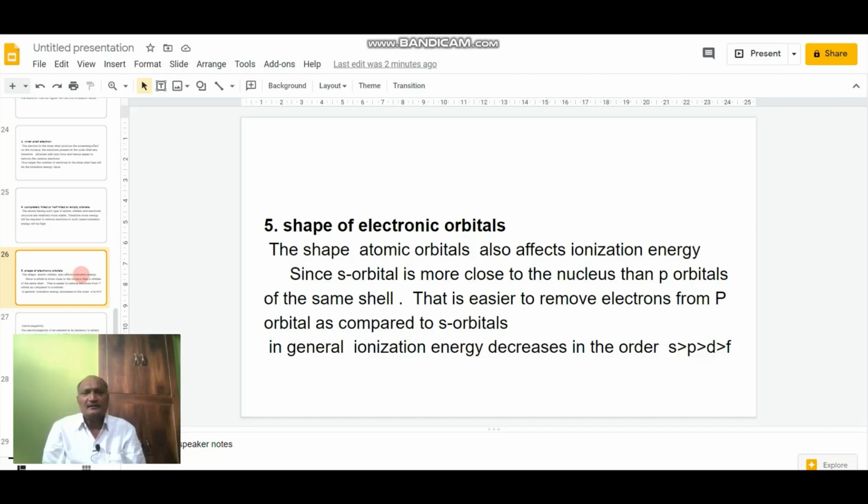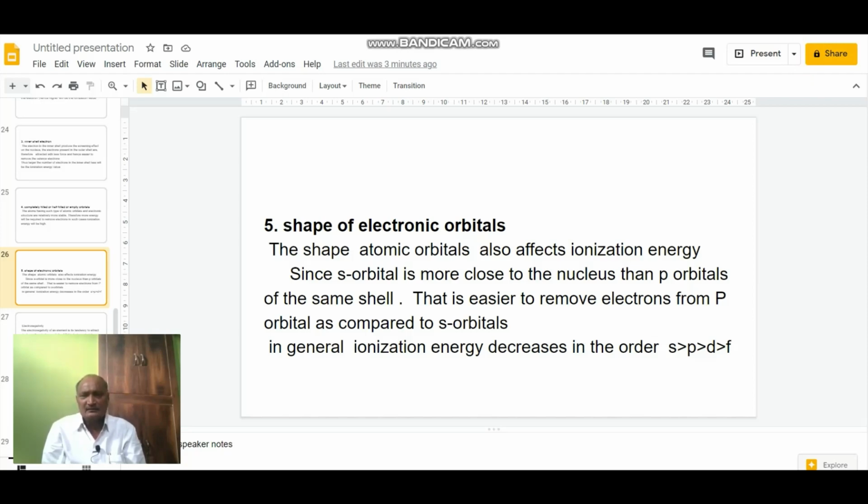Since the s orbital is closer to the nucleus than the p orbital of the same shell, it is easier to remove an electron from the p orbital as compared to the s orbital.